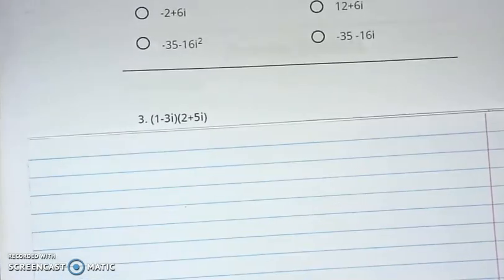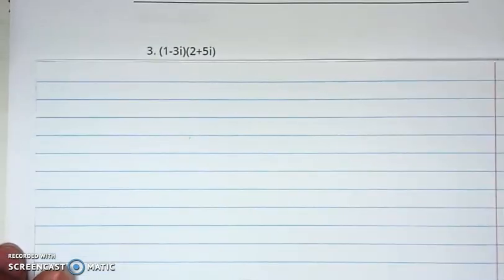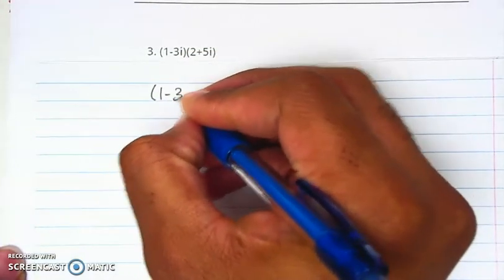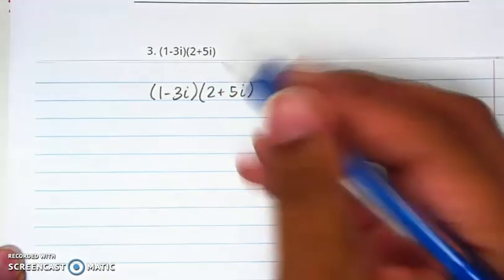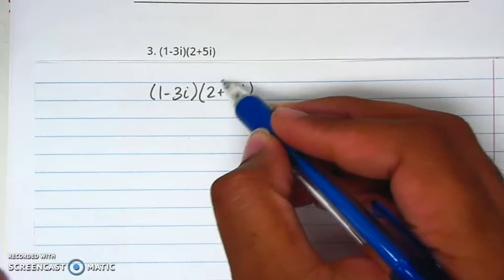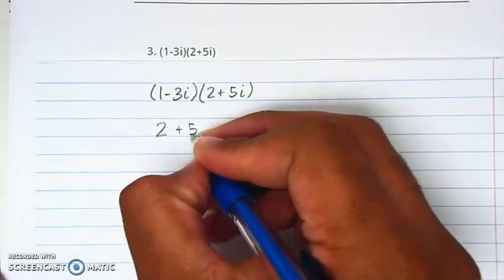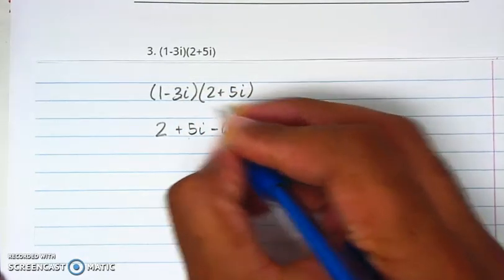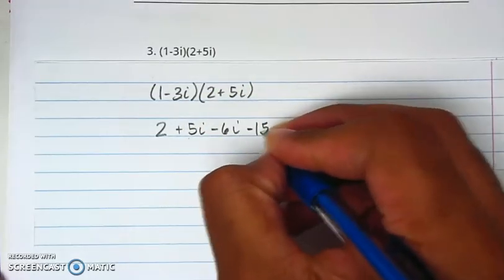Let's go to 3. This time we're multiplying. So we did subtraction, adding, and now multiplying. We're going to use the FOIL method or box method, either way. FOILing, we multiply 1 times 2, which is 2. 1 times 5i is 5i. Negative 3i times 2 is negative 6i. And then negative 3i times 5i is negative 15i squared.